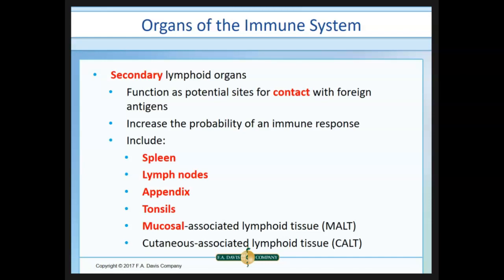These secondary lymphoid organs increase the probability of immune response, and they include the spleen, which is really just a huge filter, the lymph nodes, which are little smaller filters placed throughout your body, the appendix, the tonsils, and the mucosal associated lymph tissue. And this is in your esophagus, your respiratory tract, your GI tract, and also then the cutaneous associated lymphoid tissue.